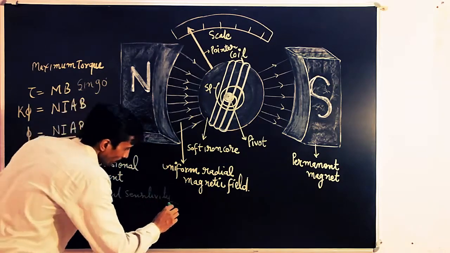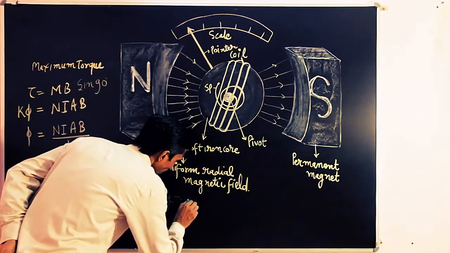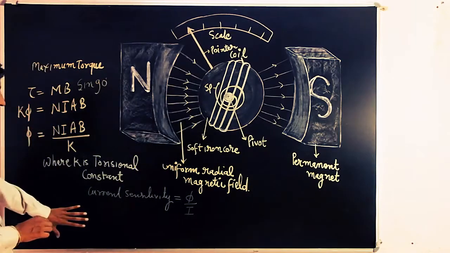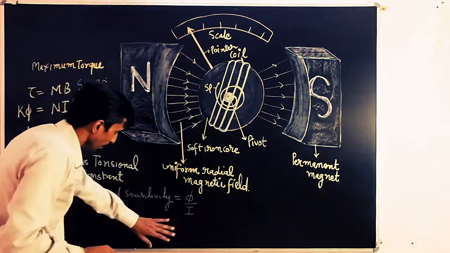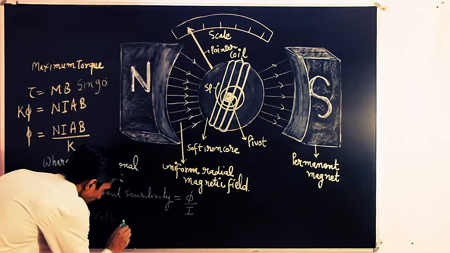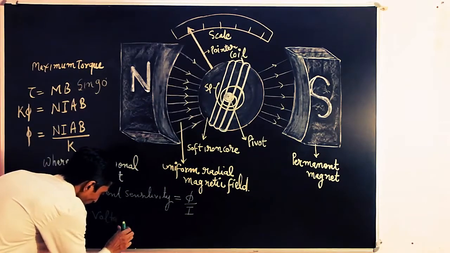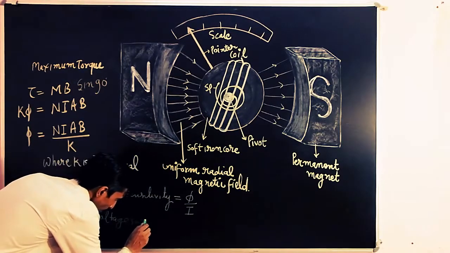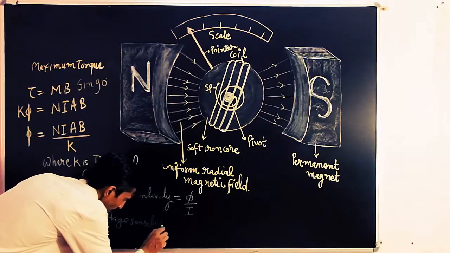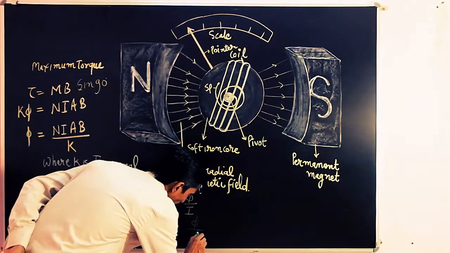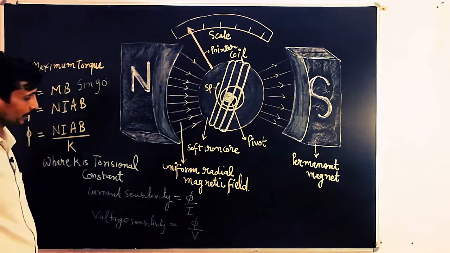This is the angular deflection per unit current. And similarly we can write voltage sensitivity. It is also similar, angular deflection per unit voltage. Two definitions.